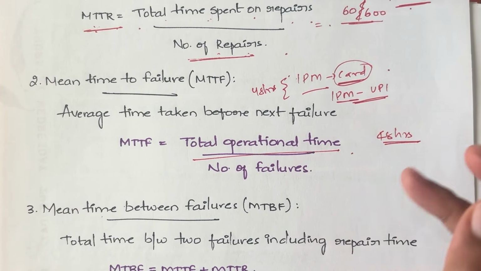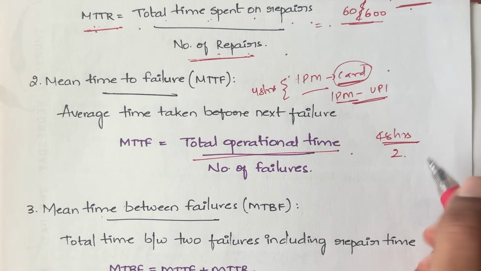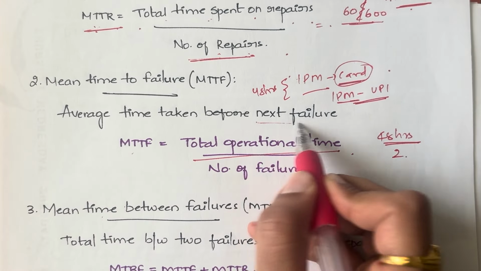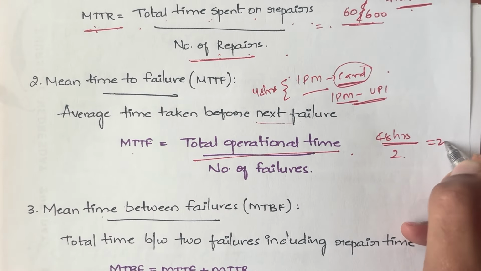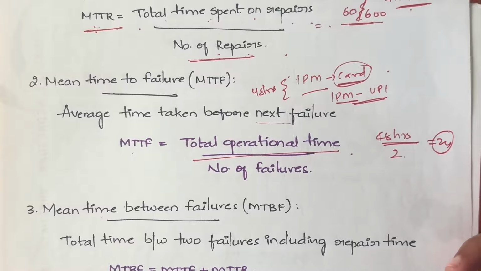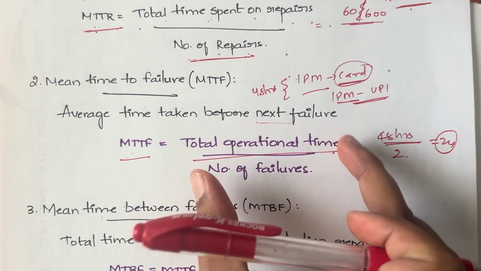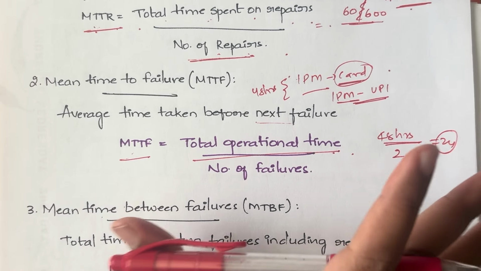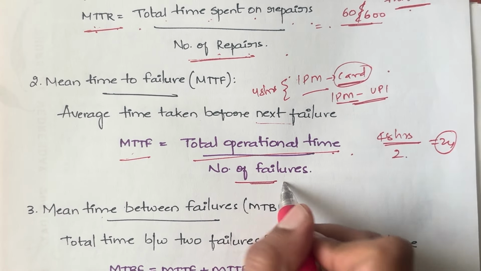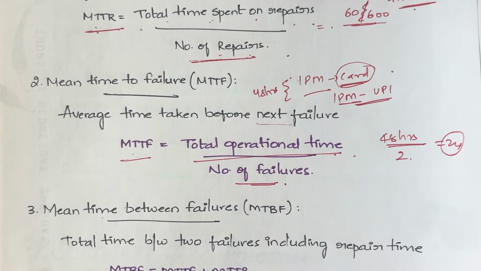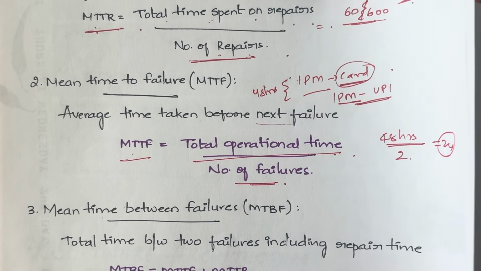In this 48 hours, how many failures did you get? 2. So for the next failure to happen, on average it might take 24 hours. So mean time to failure is the total operational time, meaning how much time your system was working fine, divided by the number of failures your system had.